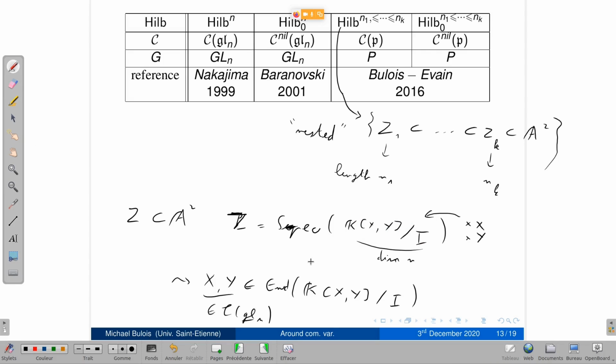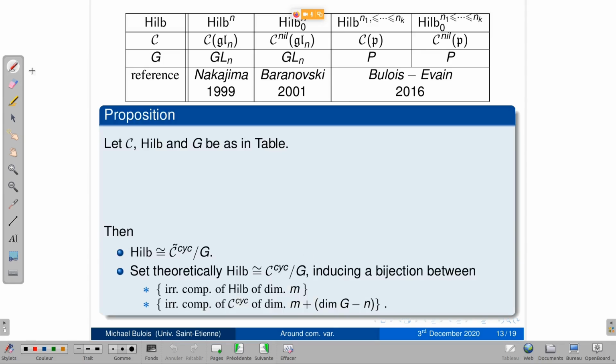What is the precise link? The precise link is the following. The Hilbert scheme is isomorphic to a quotient of a variety which is related to the commuting variety. Let's define this for GLn, say.